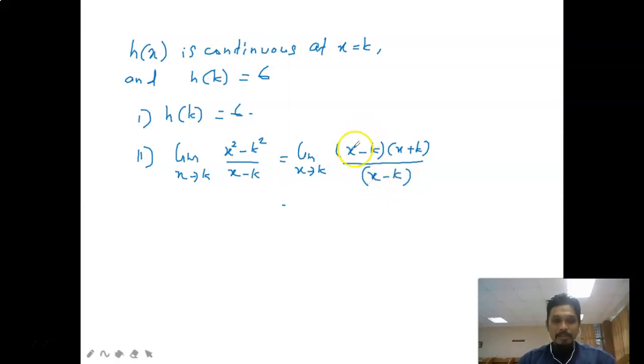Okay, so simplify this, come up with the limit as x approaching to k of x plus k.